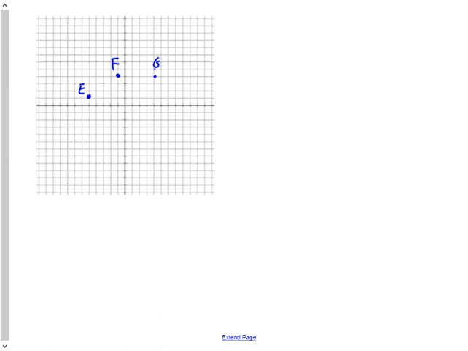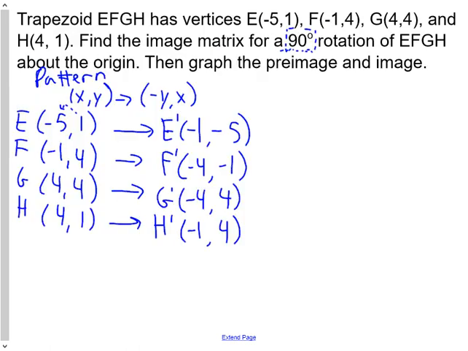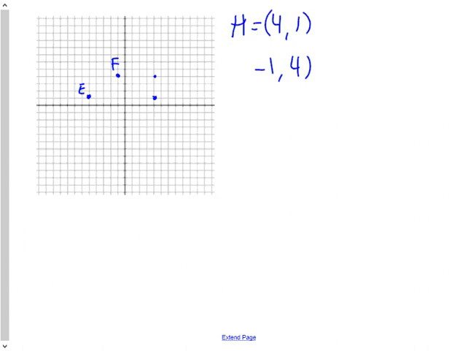Because (4, 5) is going to be right there. It should be (4, 1). So I got an error on the last page, which means that H is (4, 1). Actually, I have that right. I just wrote it down wrong. It's wrong in the notes. So just a heads up on that one, for number 4, it said 4, 5 for H in my problem. Okay. And throwing those in, connect the dots.